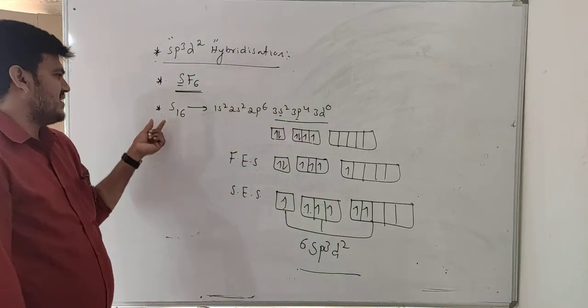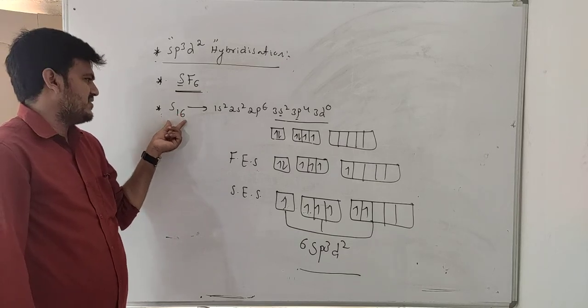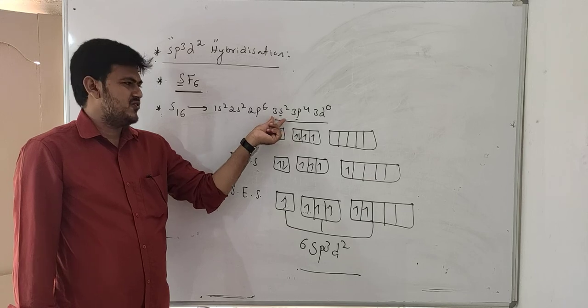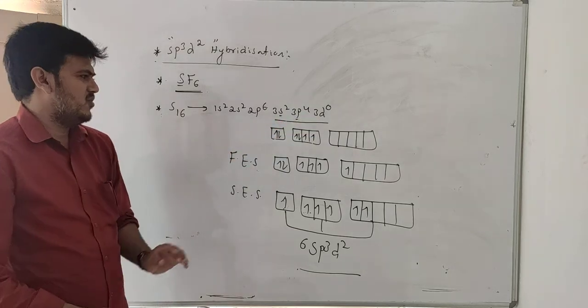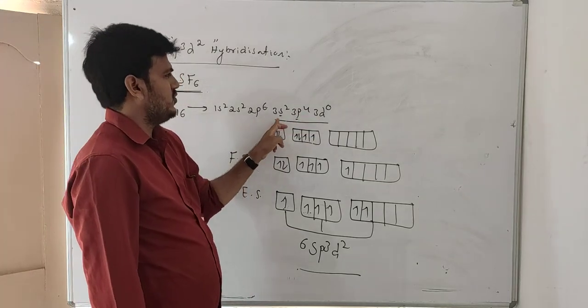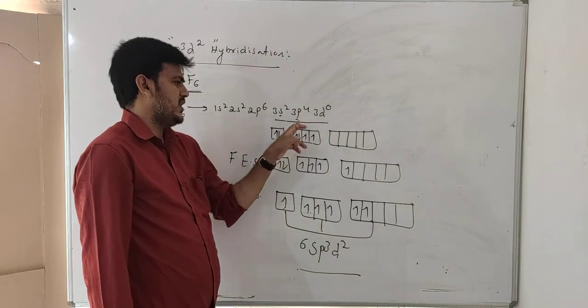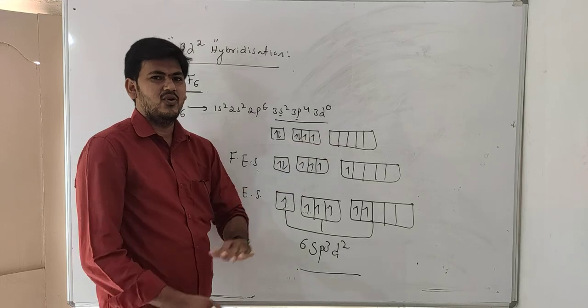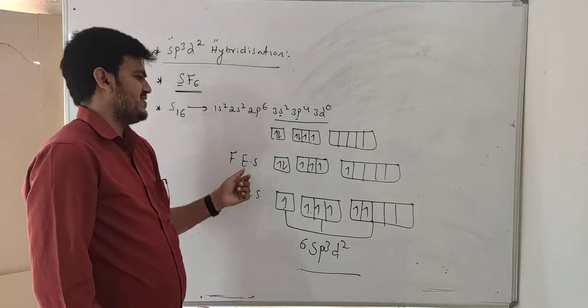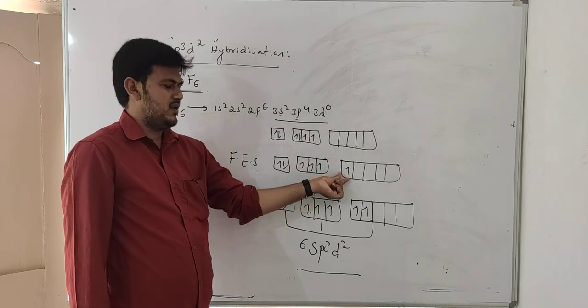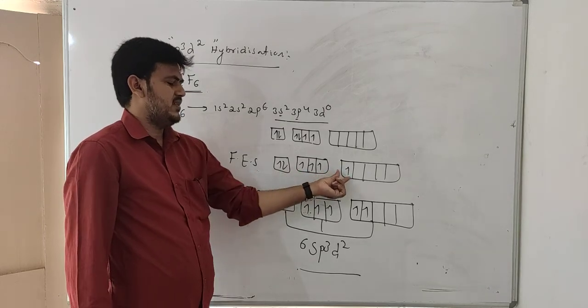Clear? So first of all, the central atom sulfur, atomic number 16, electron configuration 1s2, 2s2, 2p6, 3s2, 3p4, 3d0. The outermost configuration is 3s2, 3p4, 3d0. In the first excitation state a 3p electron enters the 3d orbital, giving 3s2, 3p3, 3d1.